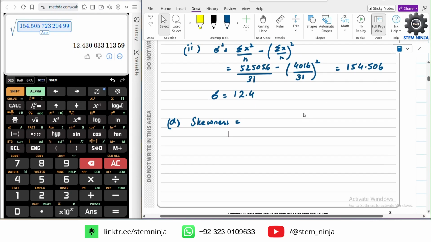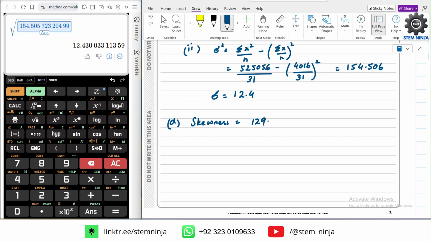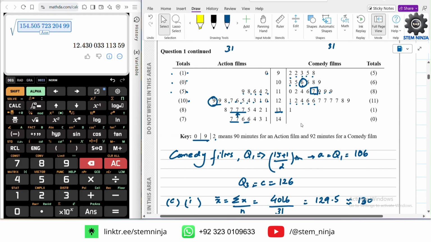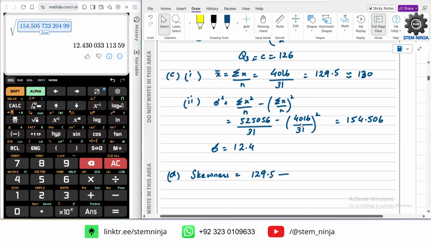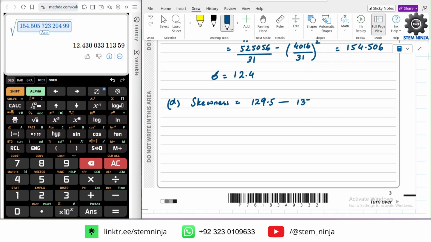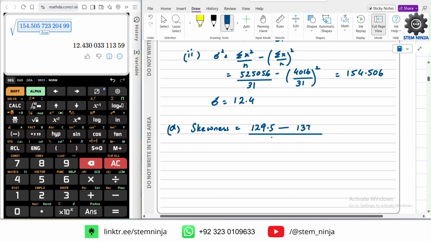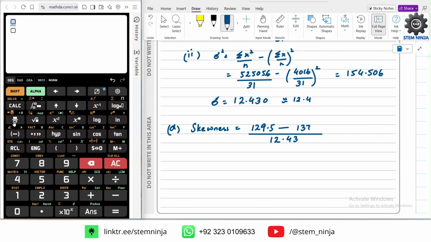The mean was 130 or 129.5, minus the mode, 137, divided by the standard deviation, 12.4. In the working we can use more accurate values, minus 137.